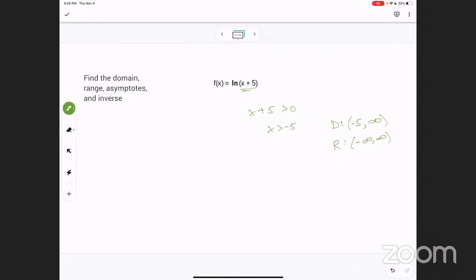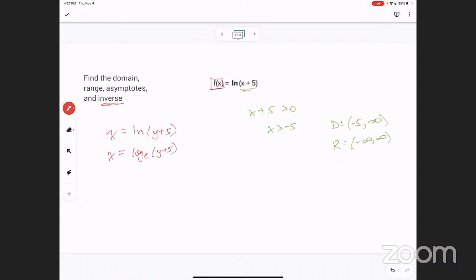And find the inverse. Well, to find the inverse, remember you flip the x's and the y's. So this is your y, normally. So let's call that x equals ln of y plus 5. And now let's solve this. To solve this, we're going to use the definition: this means log base e of y plus 5.